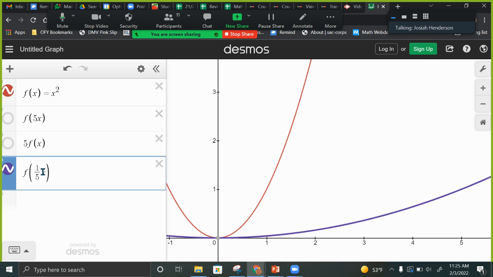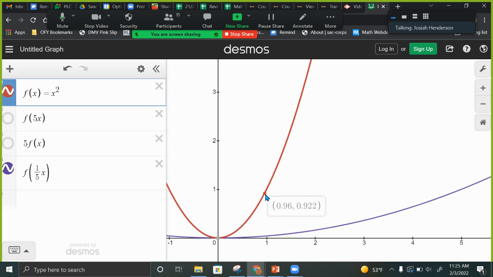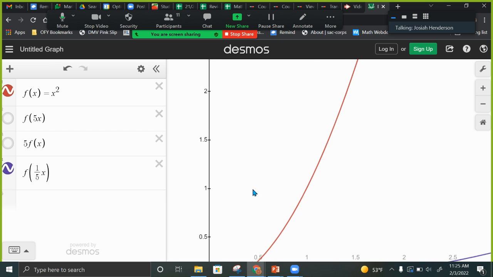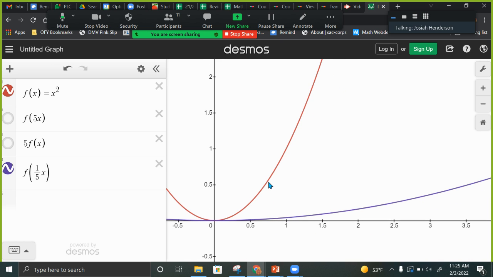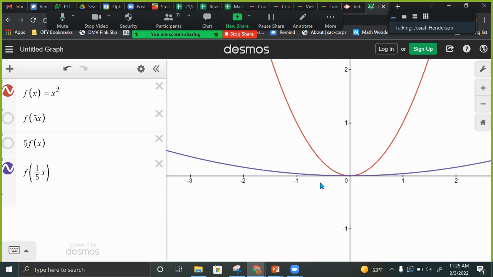It's opposite because everything we do inside the parentheses is opposite. So you might think, oh, if I multiply by 1/5, this 1, 1 spot on my parent graph gets pulled in to 1/5, but no, it gets pushed out times 5, because it's opposite whenever we're working with horizontal stuff.